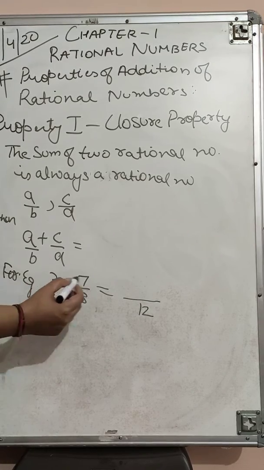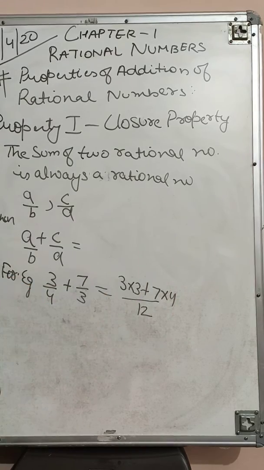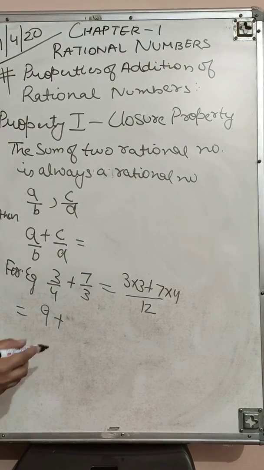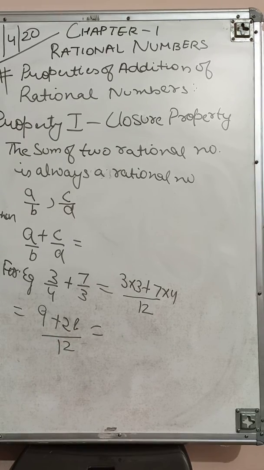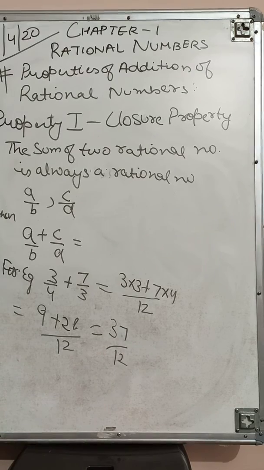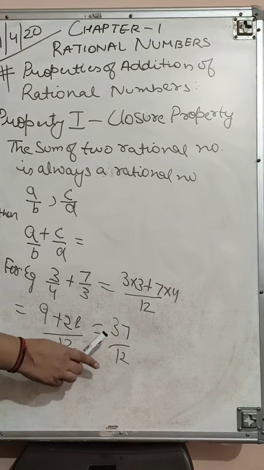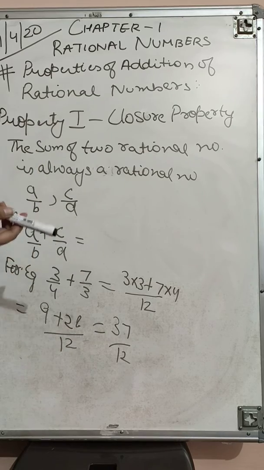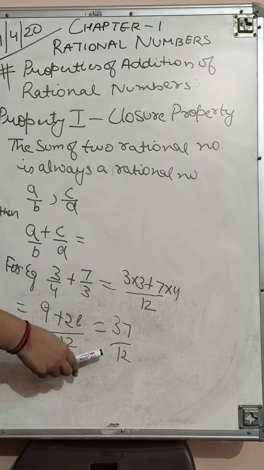Now 3 into 3 plus 7 into 4. 3 3s are 9 plus 7 into 4 is 28 upon 12. 28 plus 9 is 37, so 37 upon 12. See, what does rational number mean? The number which is in the form of P upon Q. So here we got the form P upon Q, so it is a rational number. Thus the property proves that the sum of any two rational numbers is always a rational number.